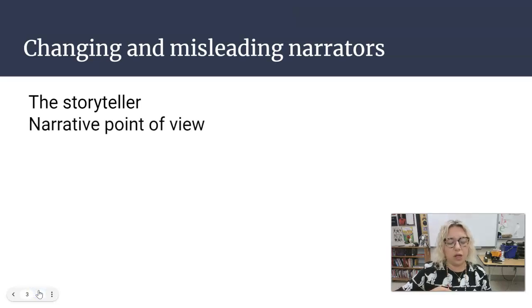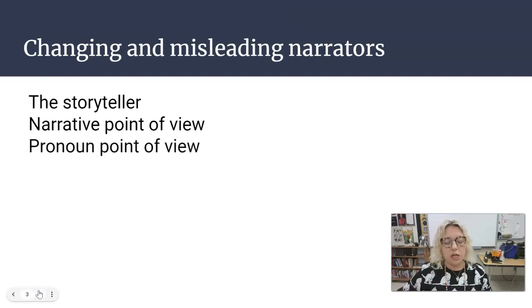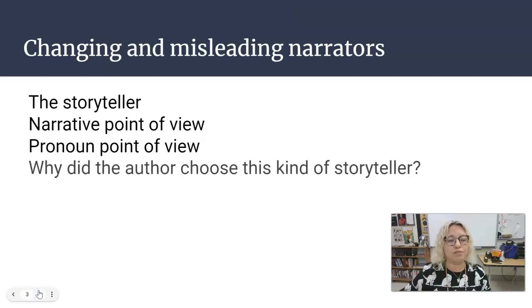The first one is the pronoun point of view. This is the one that you probably have heard about the most, that you have used the most in English classes, right? There are three basic pronoun points of view: first person, second person, which is rarely used, and third person.